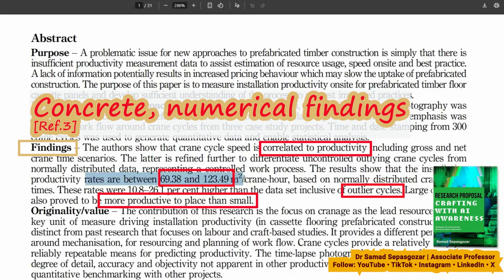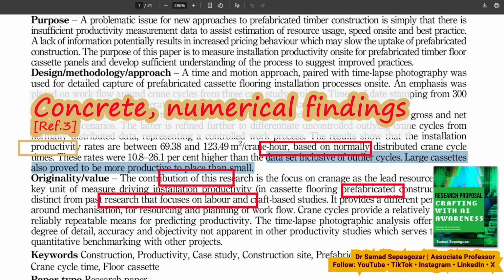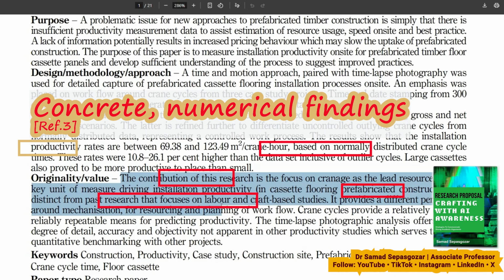The results are measurable: productivity ranges, comparisons between outliers and filtered data or the full data set, and differences between large and small cassettes are also mentioned in this abstract. The abstract clearly states the originality and contribution of this study, which lies in seeing crane cycles as the main productivity measures, unlike previous labor focused studies.